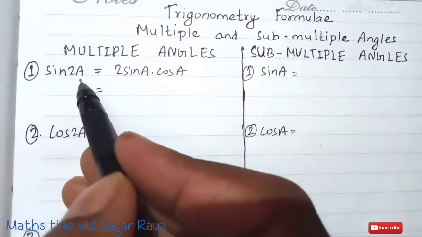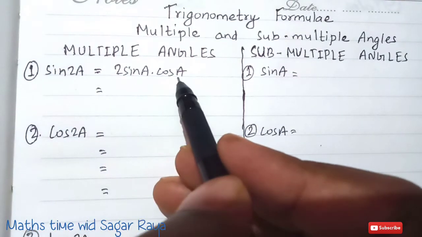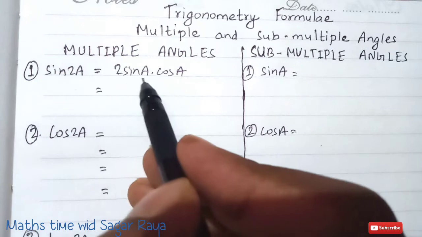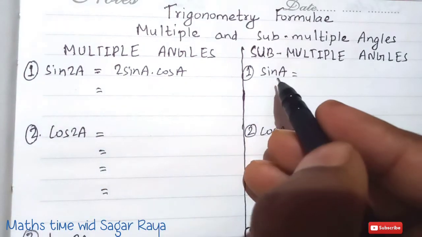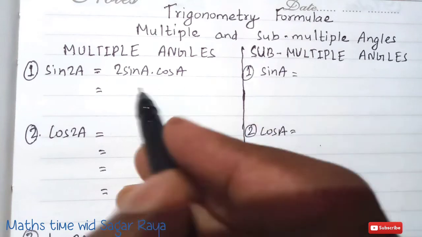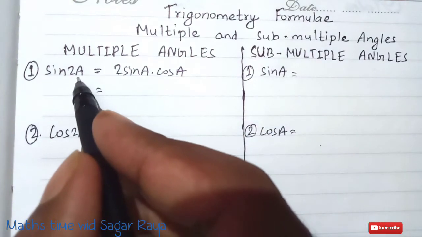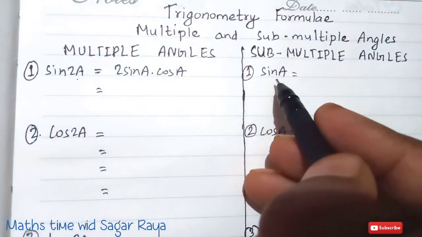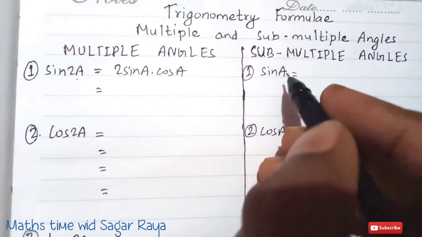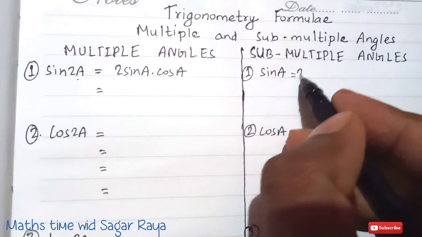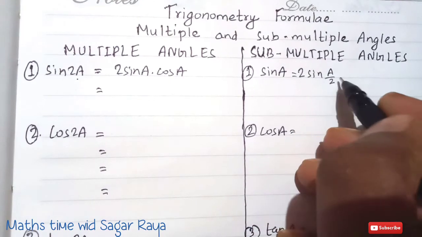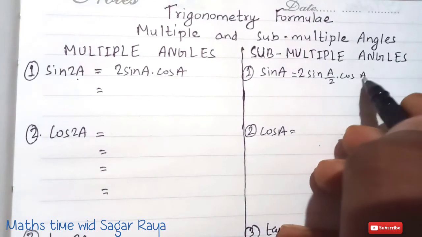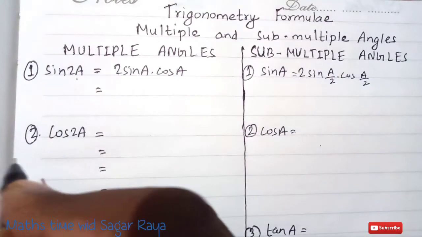Since here it is sin 2a, I have written 2 sin a dot cos a. It means if there is 2a, we just write a here, and a here also. But if there is only a, then it should be half of it. So half of 2a is a, and half of a is a by 2. So here I am going to write 2 sin a by 2 dot cos a by 2.